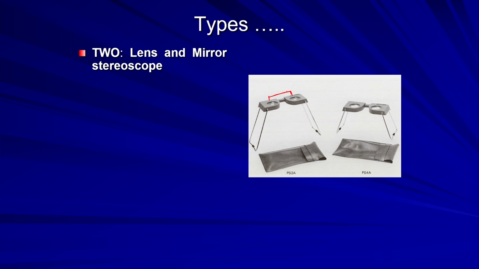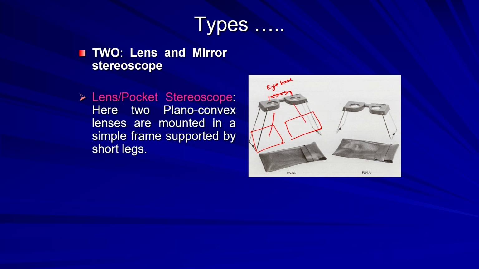Adjustment can be done by moving them out and in, depending on your eye base. Depending on the eye base you can do that, and then you put the photographs here. One photograph is kept here, another is kept here, and we can view the 3D in this. Okay. So, this is what we call the pocket stereoscope.